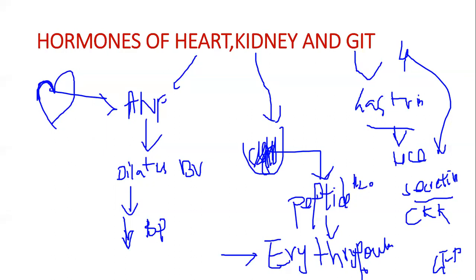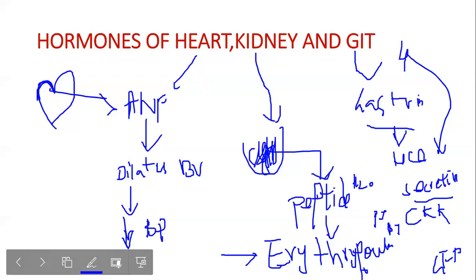And cholecystokinin acts on the pancreas and gallbladder by stimulating the secretion of pancreatic juice and bile juice, whereas gastric inhibitory peptide, like the name suggests, is inhibitory, it inhibits the gastric secretion.